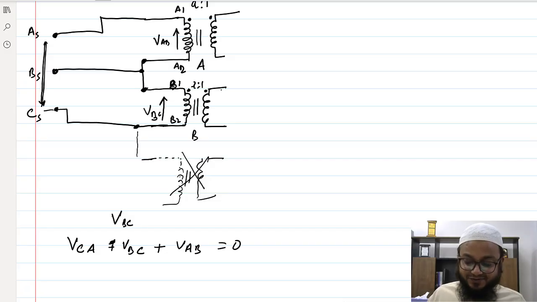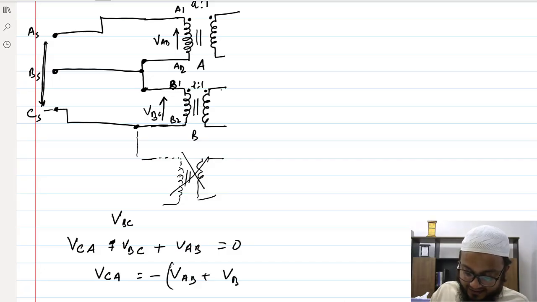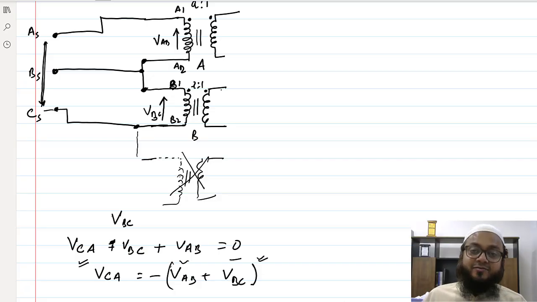So this terminal will actually see VCA as minus of VAB and VBC. And in an actual three-phase system as well, we know that VCA is this voltage only. So between the line CA you are also getting this voltage, which is the actual one as well. So the line voltage is not affected here for the three-phase supply.